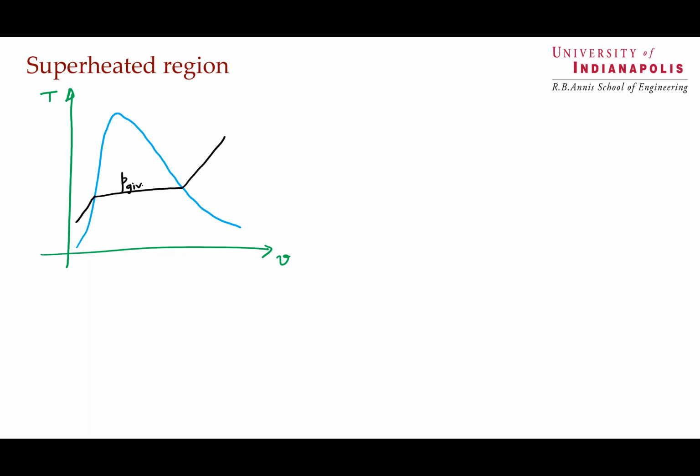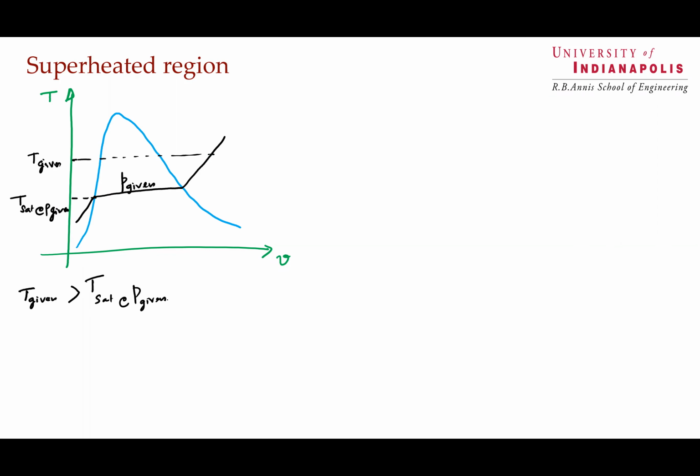I mark it as P given, and then I look at the T sat at P given, the saturation temperature at the given pressure. If this is T given, that means T given is greater than T sat at P given. So that's a superheated condition.